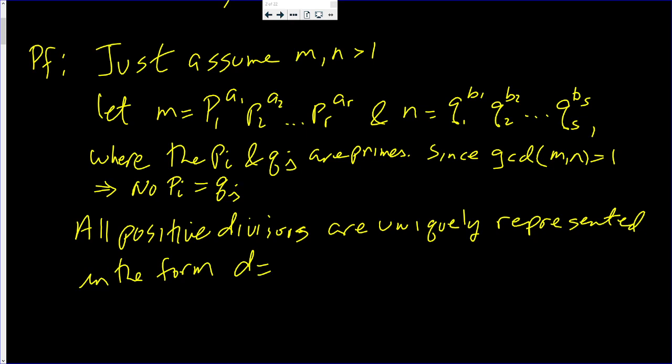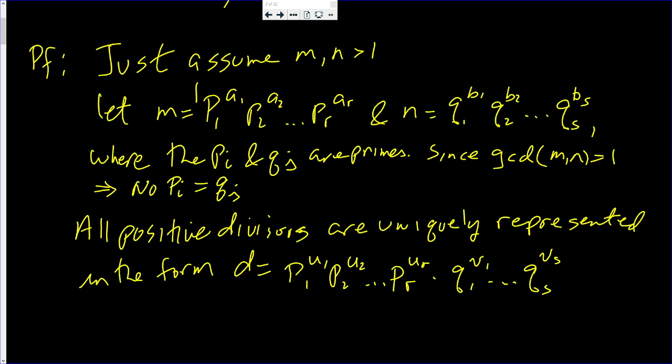Let's call it D. It's going to be p sub 1 to the u sub 1, p sub 2 to the u sub 2, all the way to p sub r to the u sub r, times q sub 1 to the v sub 1, all the way down to q sub s to the v sub s power, where u sub i is in between 0 and a sub i, and v sub i is in between 0 and b sub i.